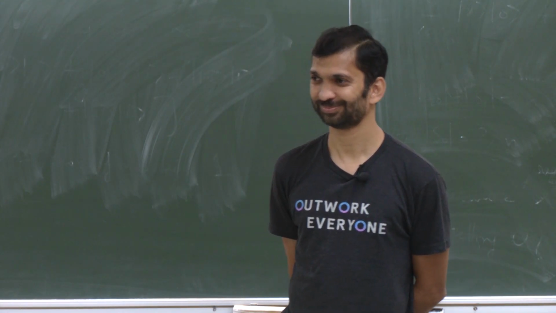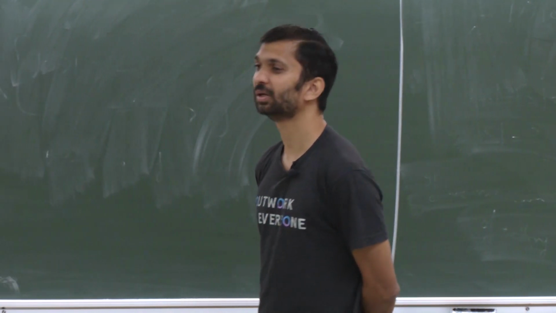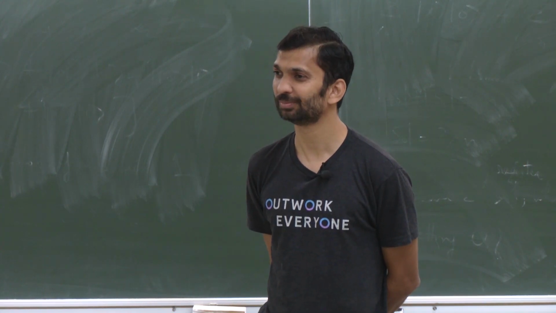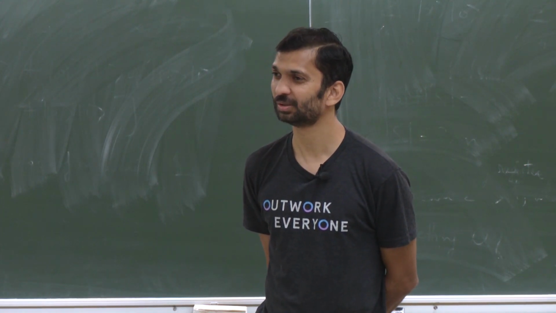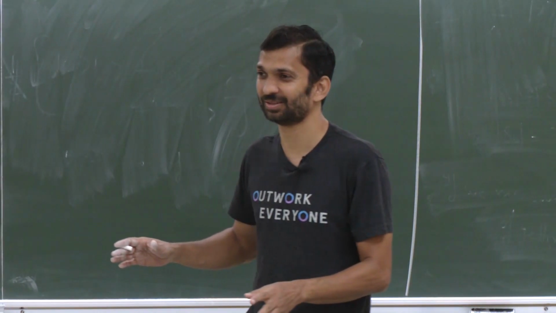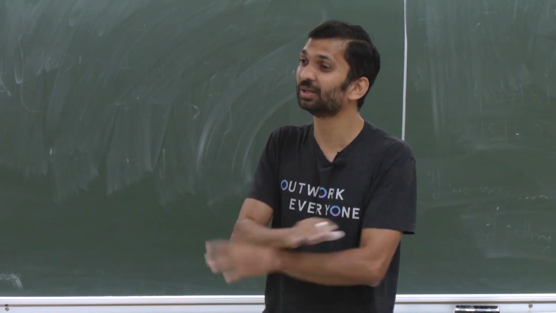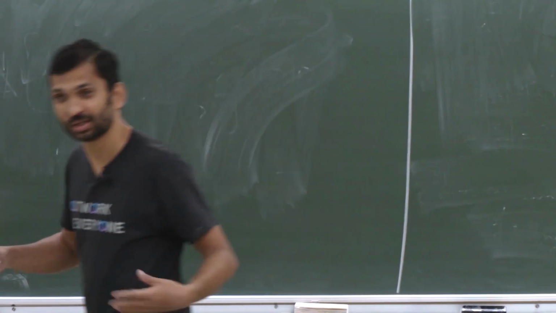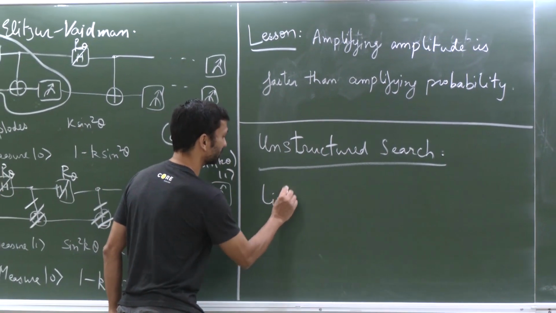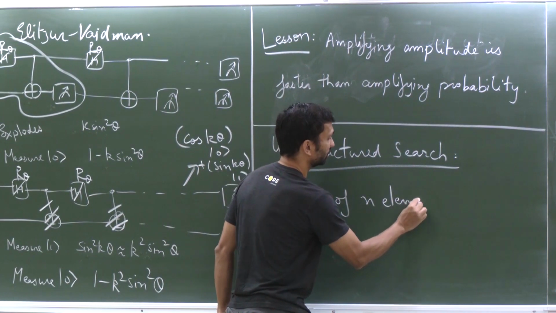Not completely, because you have a commitment problem. You are not committing yourself. There is no structure at all, not a bit of structure. It is unstructured search, right? So it is not like there is not much structure or there is less structure. There is no structure at all, right? So there is no data structure. It's basically a list of n elements.